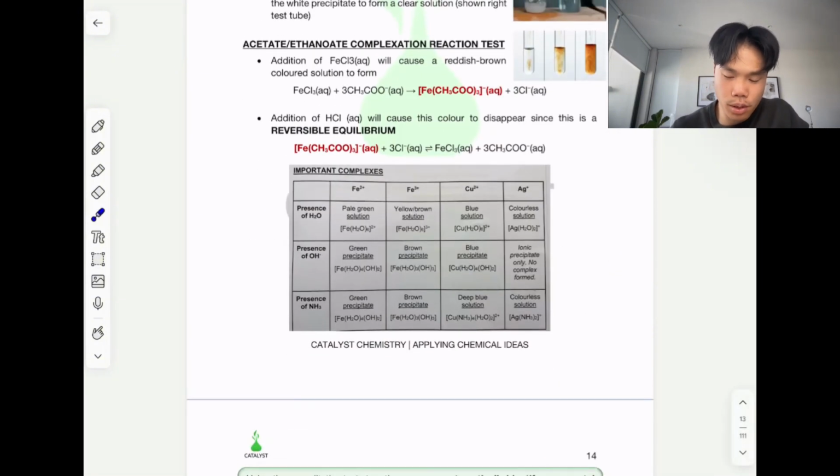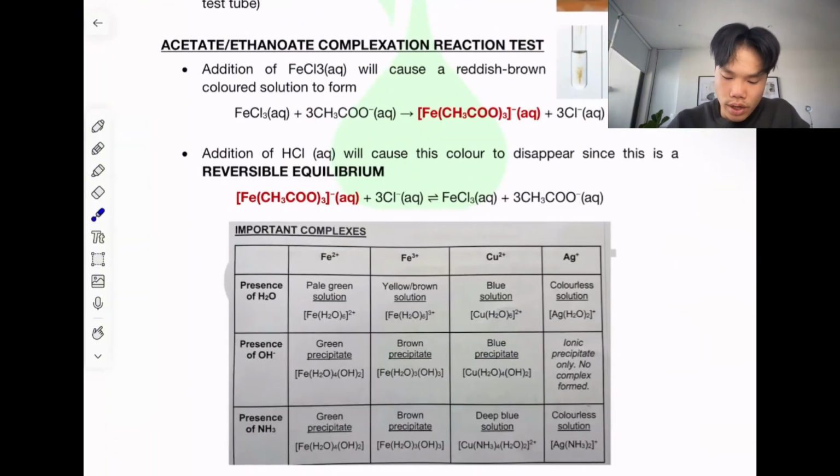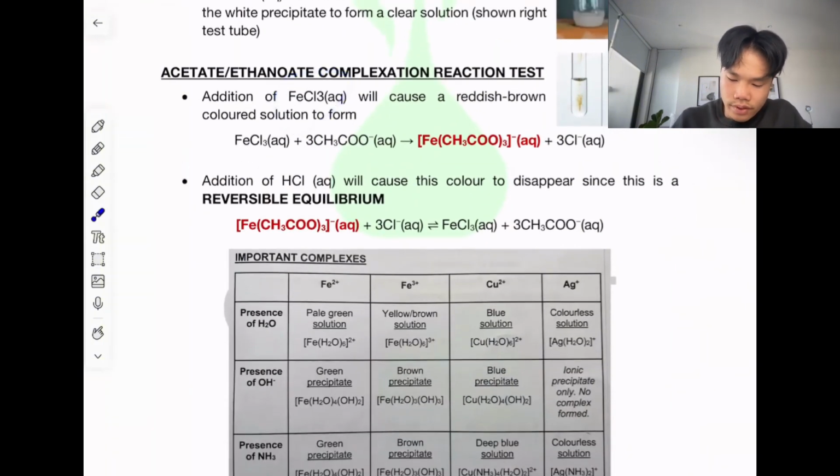The one that actually probably is important is the acetate (ethanoate) complexation, because you can't really precipitate acetate in any meaningful way anyway. So when you add iron chloride into acetate, what you'll find is that you produce an orange complex, iron with an acetate bonded to it.